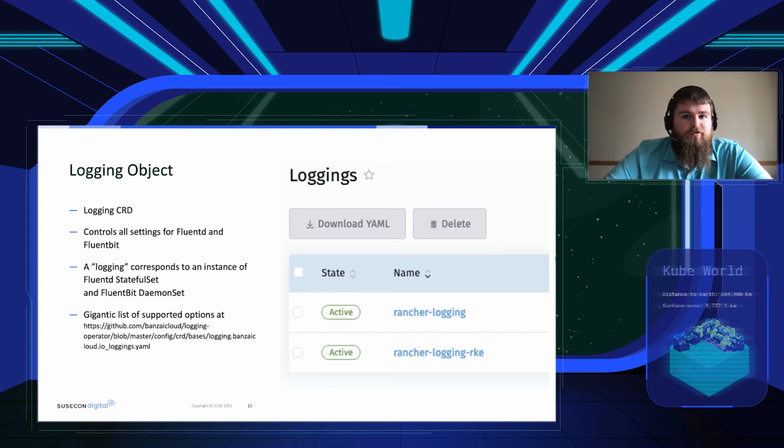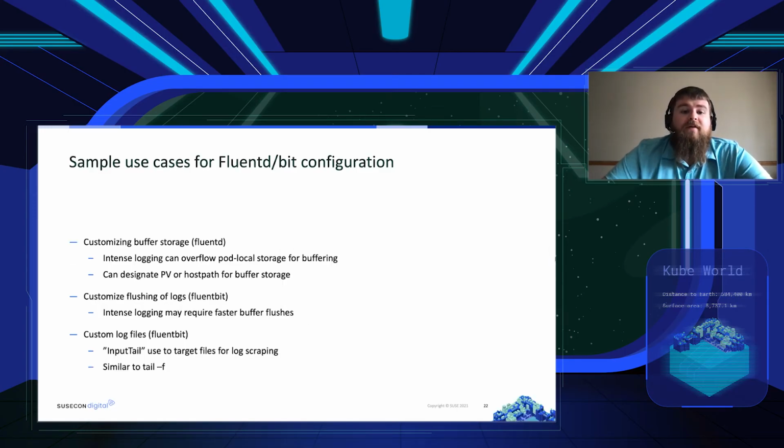There's too many to go through in a comprehensive way today, but I encourage you to check out the various options that are available. We have some sample use cases for why you'd want to configure Fluentd configuration options. The first, for Fluentd, is you may want to configure buffer storage. Intense logging in a cluster can overflow pod local storage for buffering.